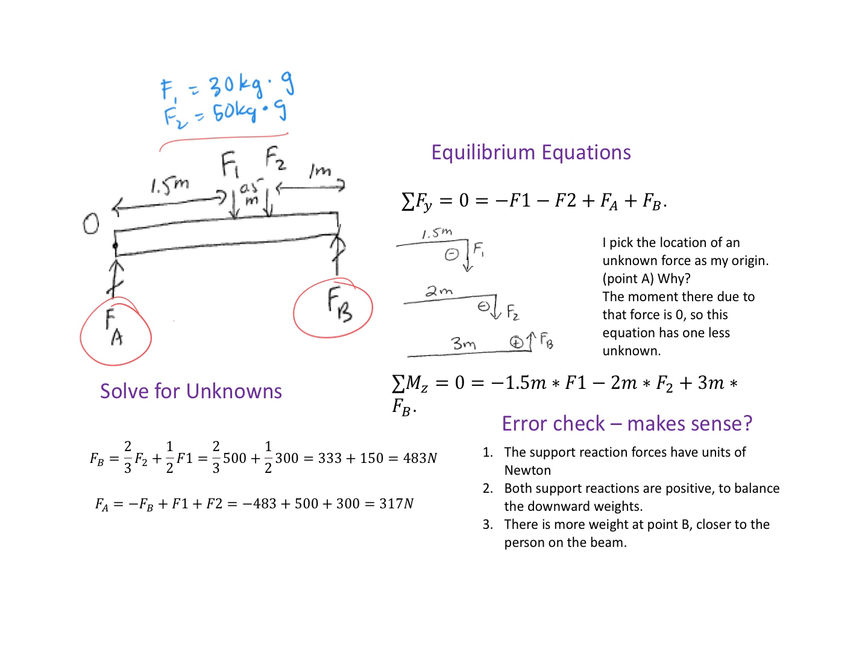So F1 is pointed downward, and so it'll have a negative here. F2 is also pointed downward, so again negative. FA and FB are pointing upward, so they're positive.